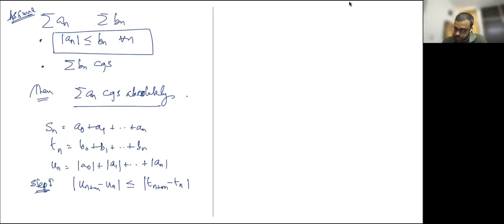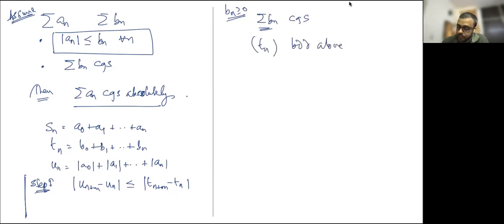Here I was talking about the Cauchy criterion. What you are suggesting is that from the conditions, it follows that the bn's are all non-negative because of the inequality mod an less than or equal to bn. Since this converges, the partial sums Tn are bounded above.